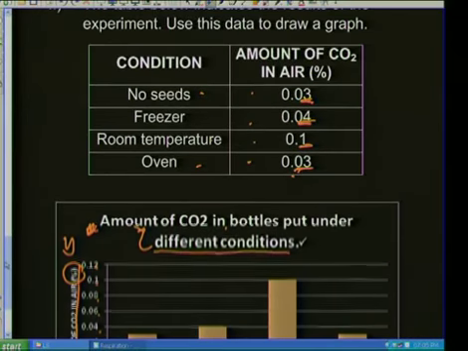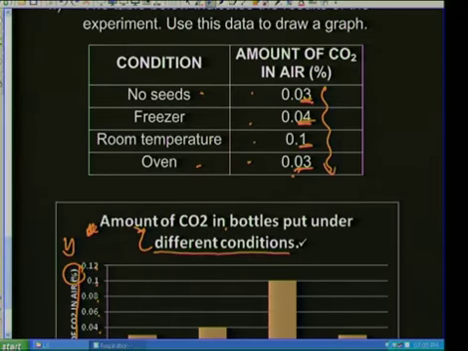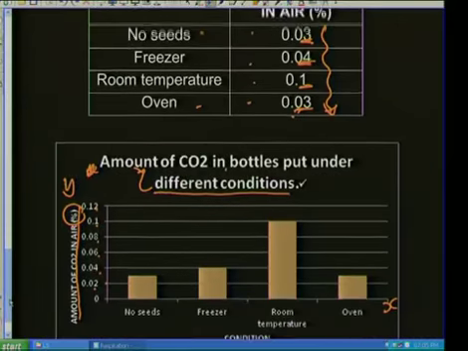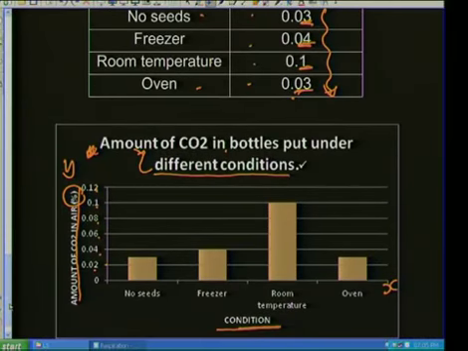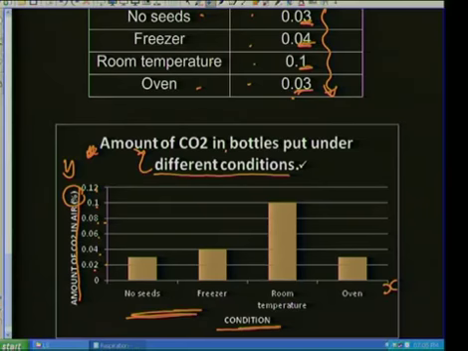They must be equidistant. And notice, we're not using the figures as they are in this table and saying, okay, we got 0,03, and then we're putting 0,04, then 0,1, then 0,03 again. We can't do that because if you look at a ruler, it doesn't go that way. It has fixed demarcations, and 1 centimeter is equal to 1 centimeter. Then on a bar graph, you've got to label each thing that you're putting there.